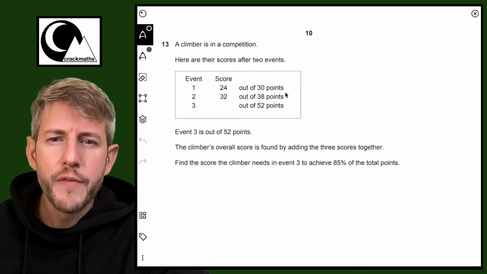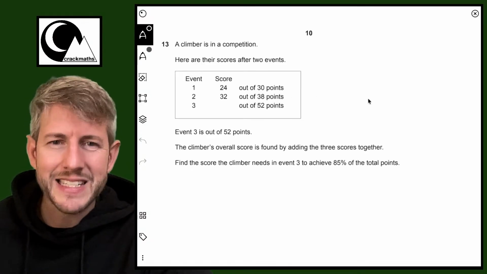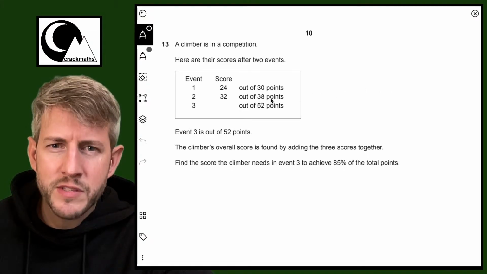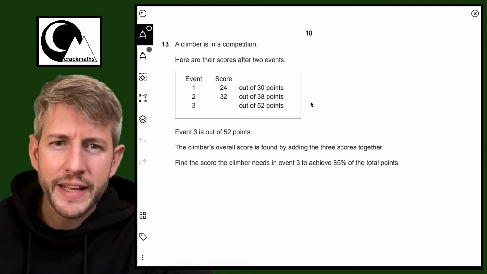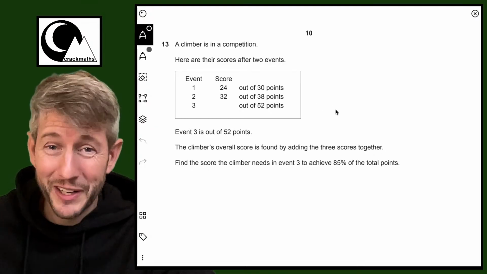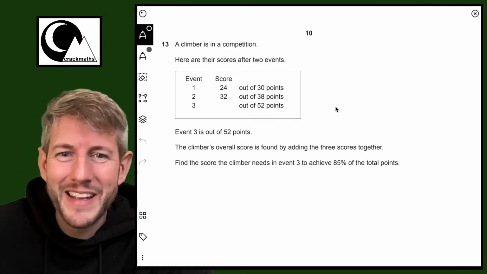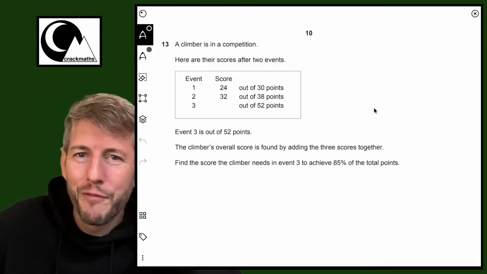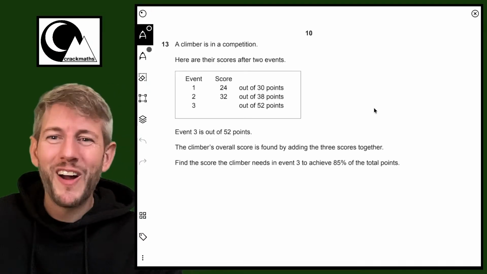The climber's overall score is found by adding the 3 scores together. Find the score the climber needs in event 3 to achieve 85% of the total points.